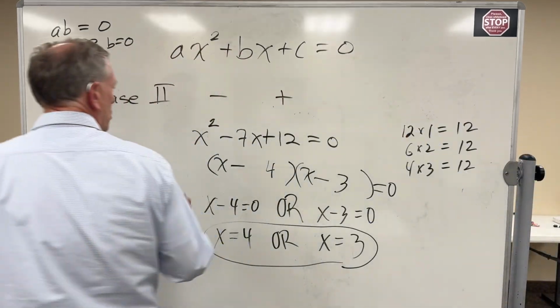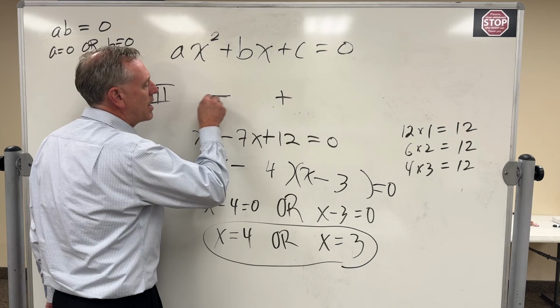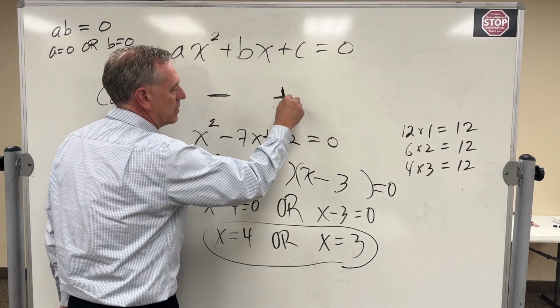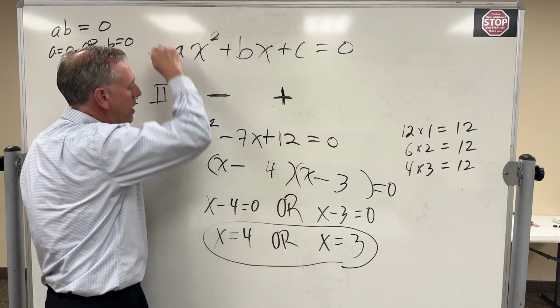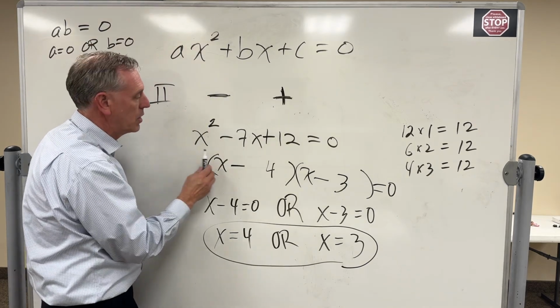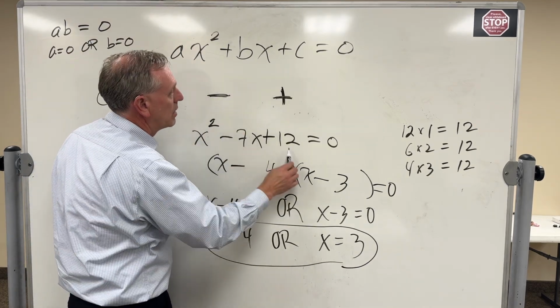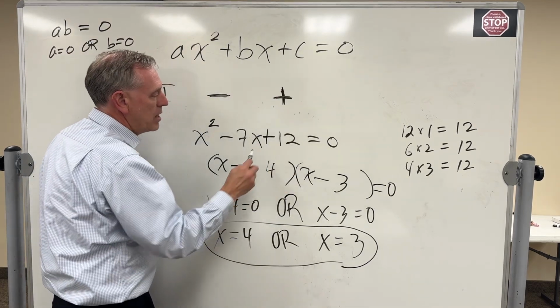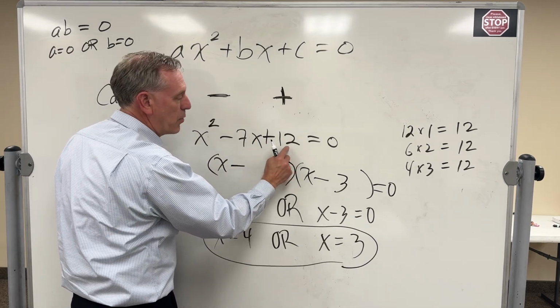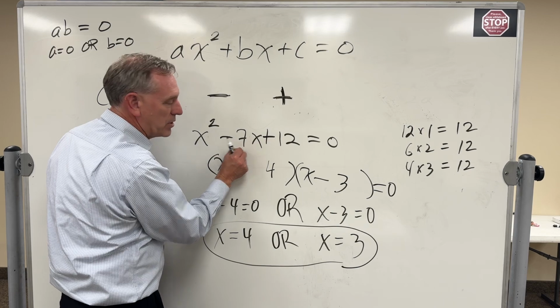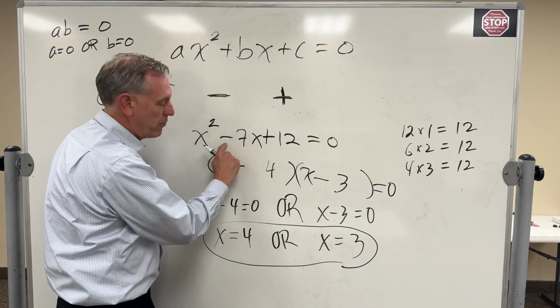And so in case 2, if the first one is negative and the second one is positive, written in standard form, x squared, where a is positive. In this case, a is 1, you can see. B is minus 7, and C is a positive 12. If this one's positive, we're going to multiply two numbers together that get this number, that add together to give us this number, and we take the sign from here.